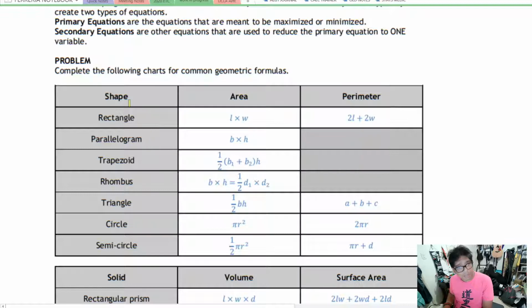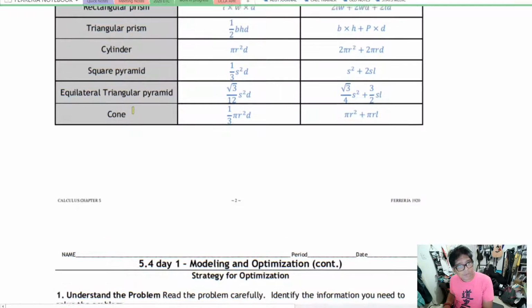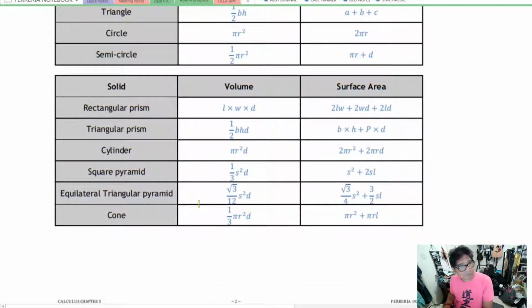Okay, these are for 2-dimensional shapes. And then these right here are for 3-dimensional shapes. So we'll go through some of the hits here. You've got a cylinder, pi r squared times the depth, and the surface area, should you need it, 2 pi r squared plus 2 pi r depth.